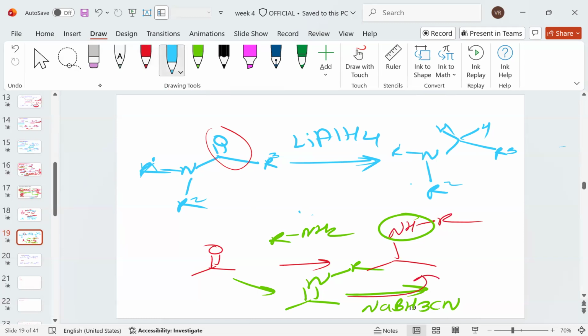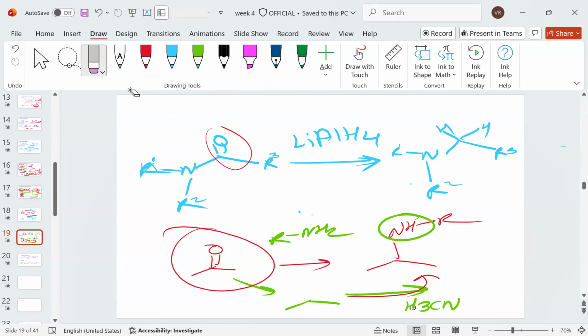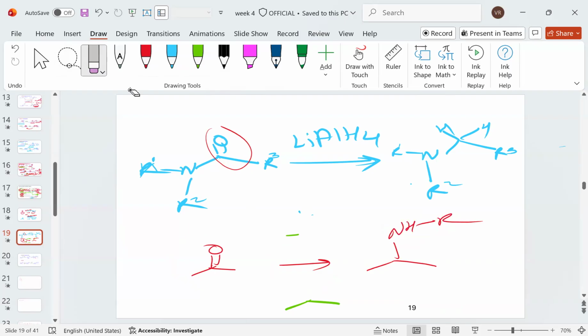So if you want to convert this ketone into this type of amine, the first step is imine formation and the second step is reduction of the imine. And obviously you know this ketone can be converted into the alcohol as well.